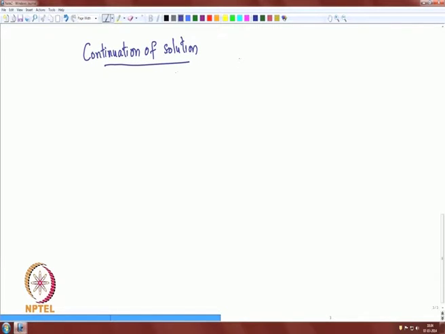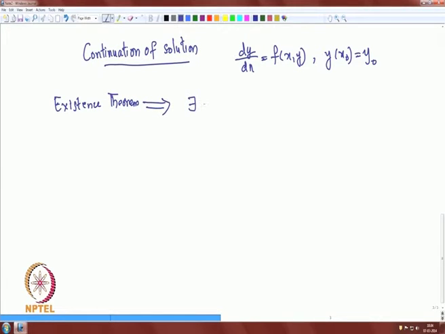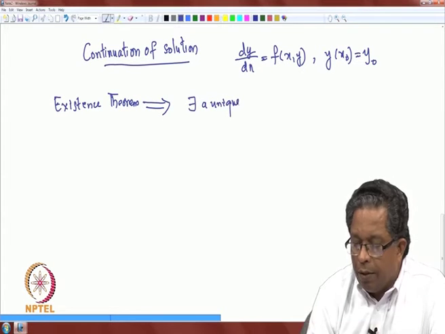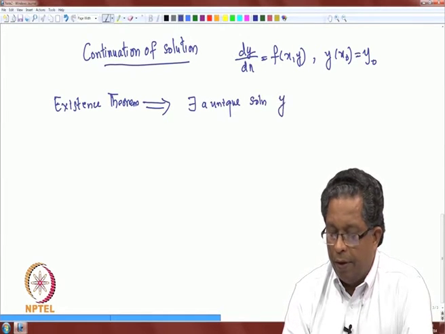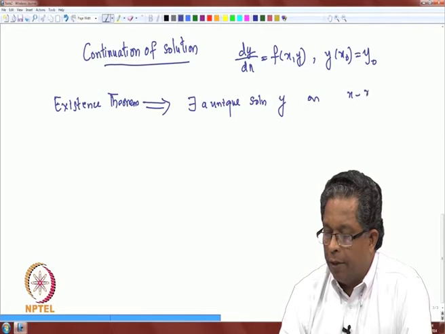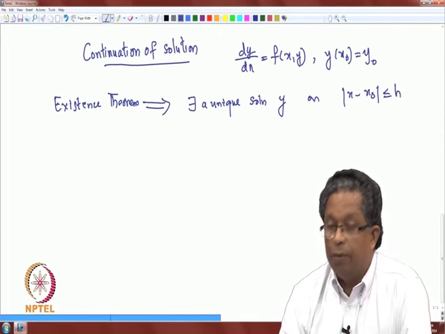So consider the differential equation dy by dx is f of x, y, with the initial condition y at x 0 is y 0. The existence and uniqueness theorem implies that there exists a unique solution y on the interval |x minus x 0| less than or equal to h.